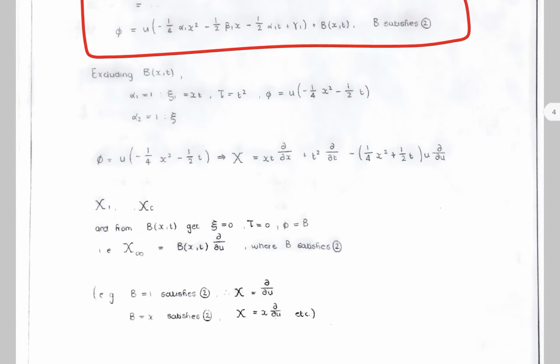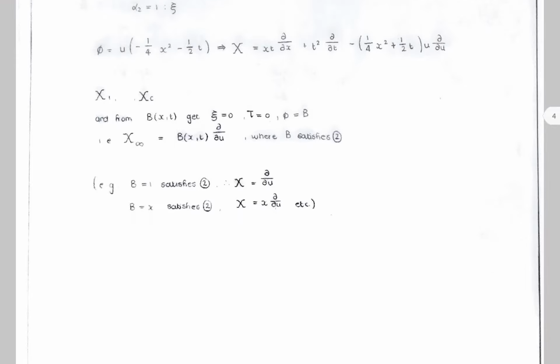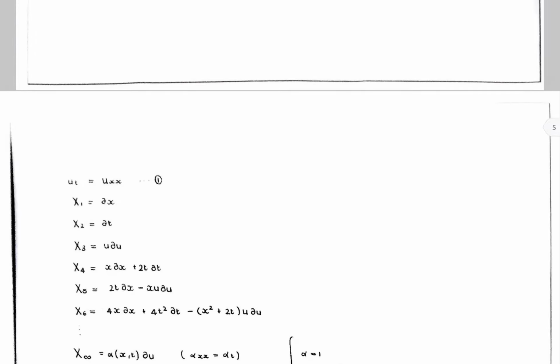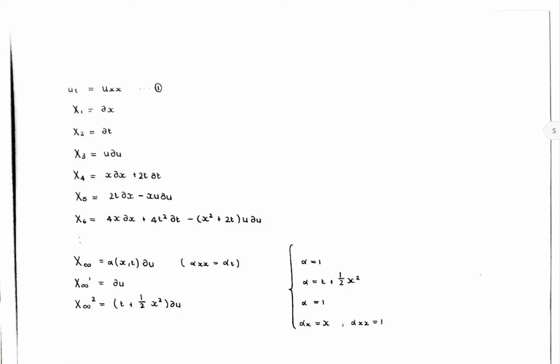And it turns out that, for example, we end up with vector fields like d/du, xt d/du, etc. And here's almost a complete class of vector fields. You notice there is the scaling vector field there, and there are some that are not so geometric.